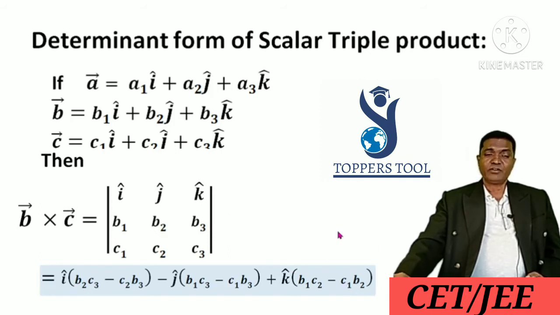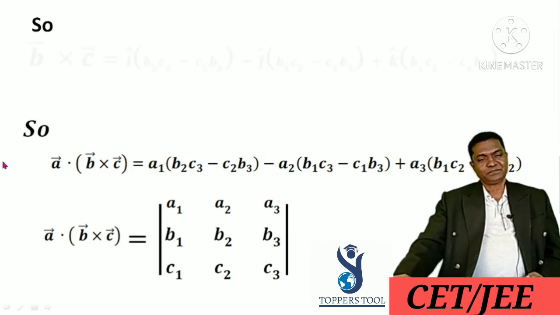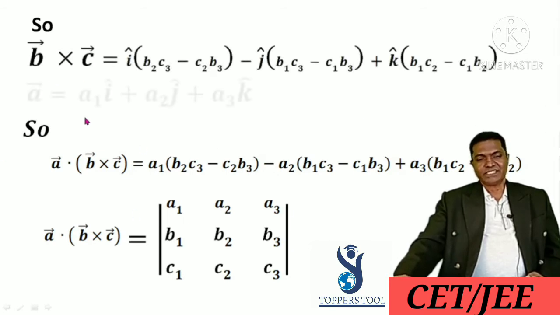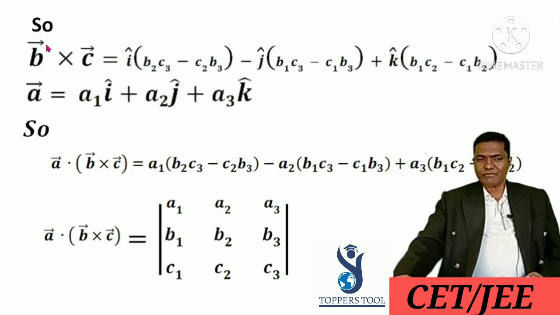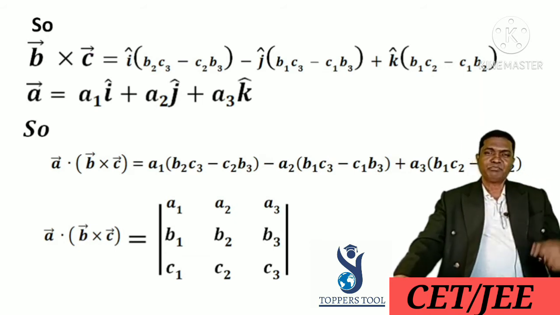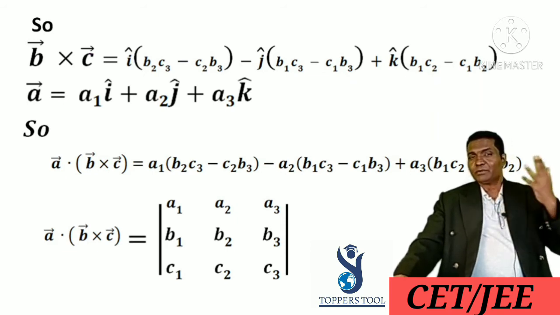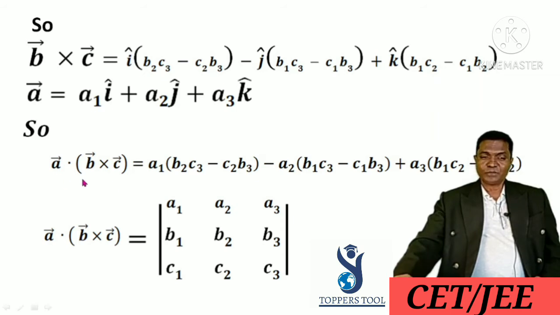Now you have to find the dot product of A and this. This is your B cross C, this is your vector A. Now you have to find the dot product between this and this. As we know, the dot product of two vectors is A1 B1 plus A2 B2 plus A3 B3, meaning the sum of the products of the coefficients of i, j, k in both vectors. So here this is A1 and this is treated as B1, so this into this.